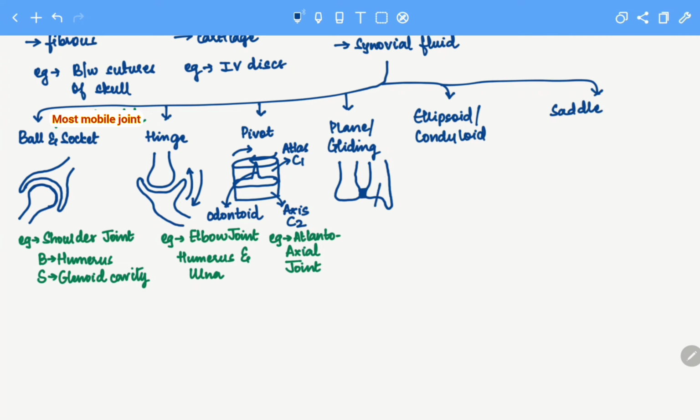This is the radius. This is the ulna. This is the distal radio-ulnar joint, which is a plane or a gliding joint.